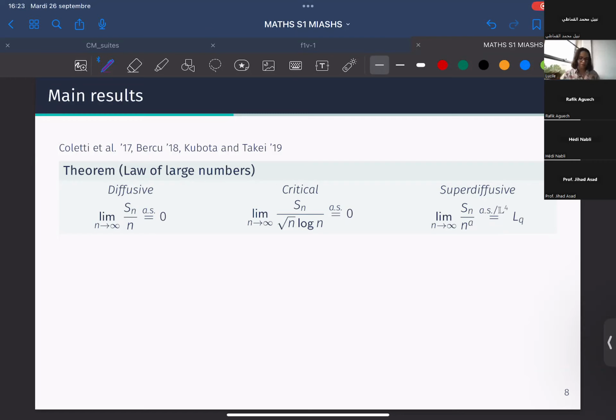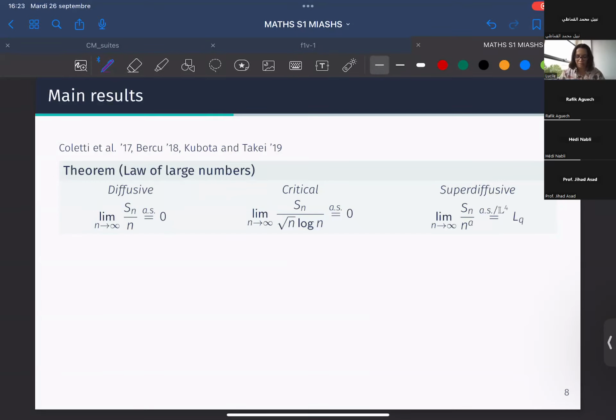What we are interested in today is that in the diffusive regime, it's really close to the simple random walk. It's actually the same speed. In the critical regime, you just have a lower rate of convergence, but it's really close.